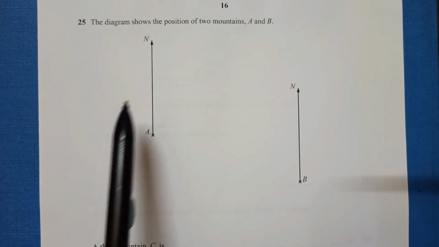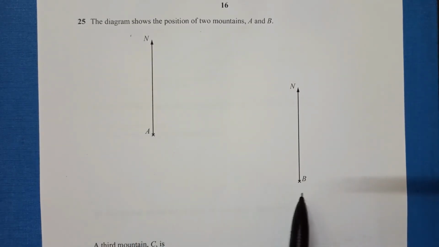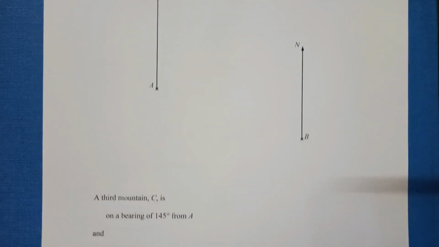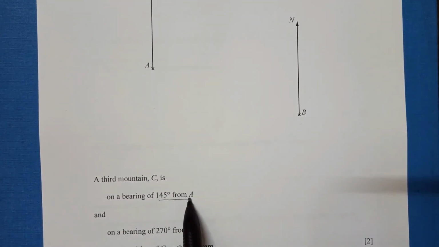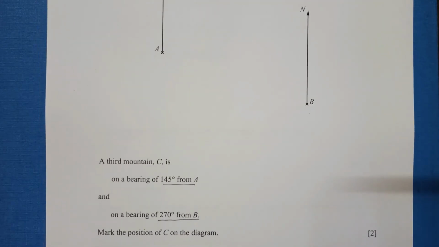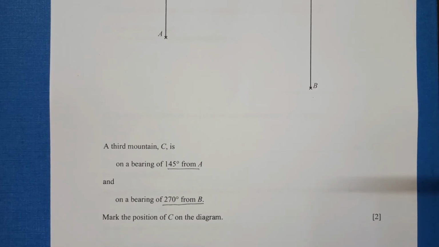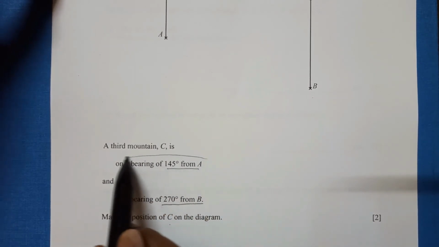Question 25. The diagram shows the position of two mountains A and B. The third mountain C is on a bearing of 145 from A and on a bearing of 275 from B. Mark the position of C on the diagram. So we need to find the position of C from A and B. The first one is given to us.